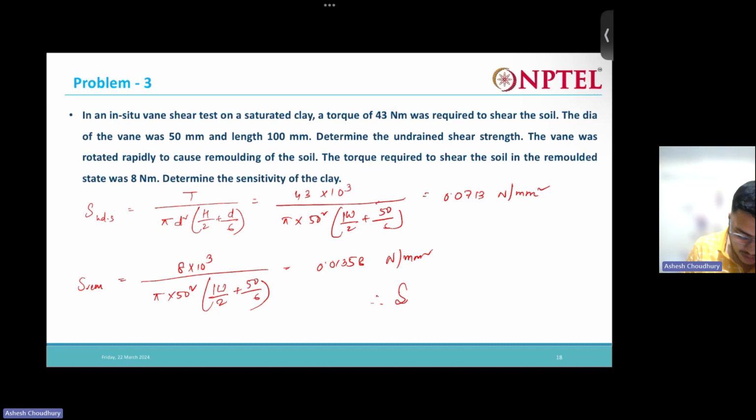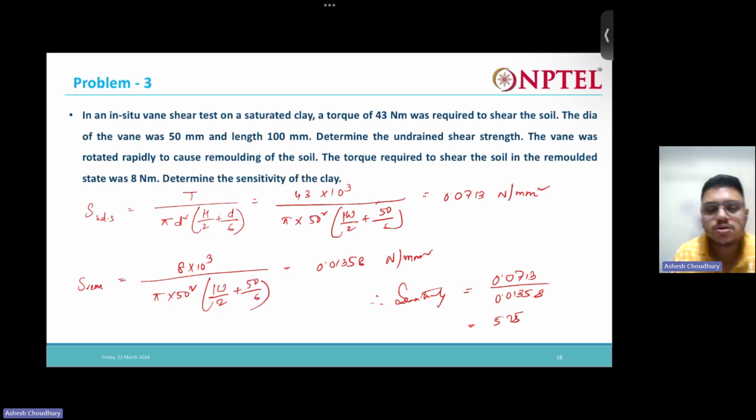Therefore, sensitivity, okay, highly sensitive soil, very sensitive soil.